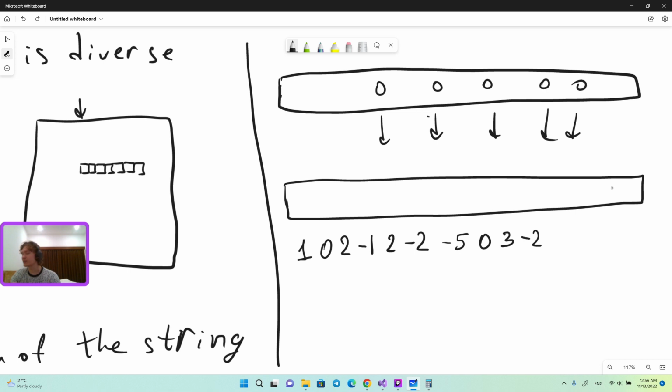Okay, let's look at something like this. So we can replace all zeros with some other numbers.